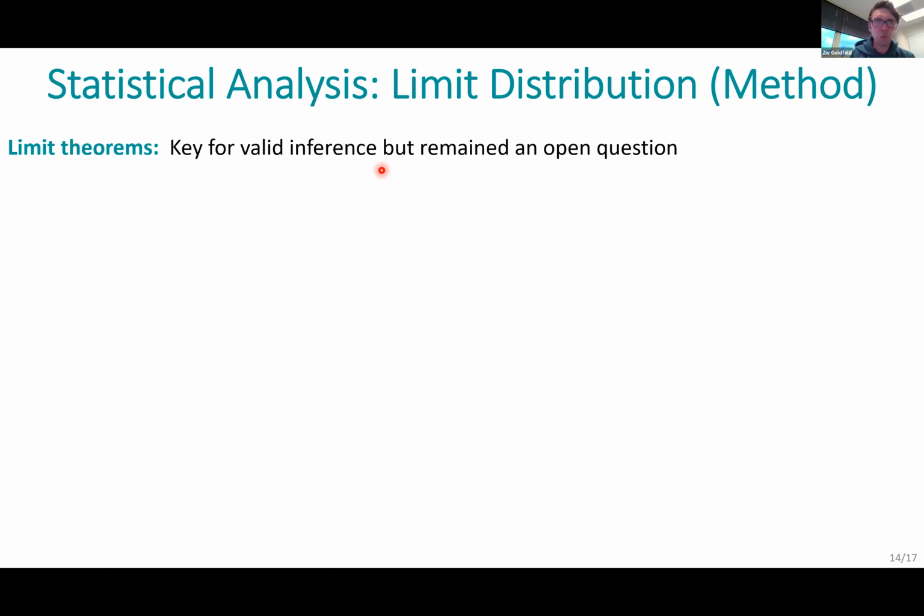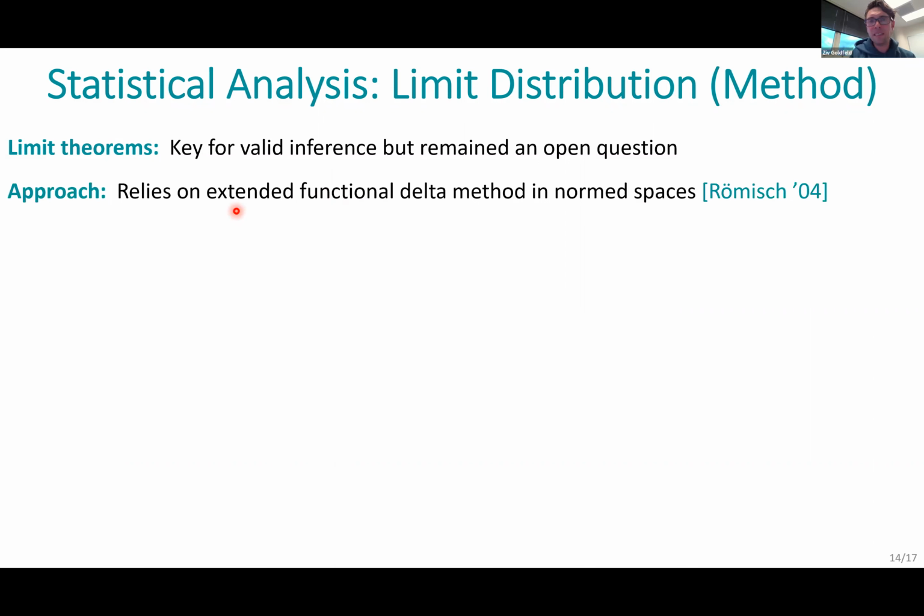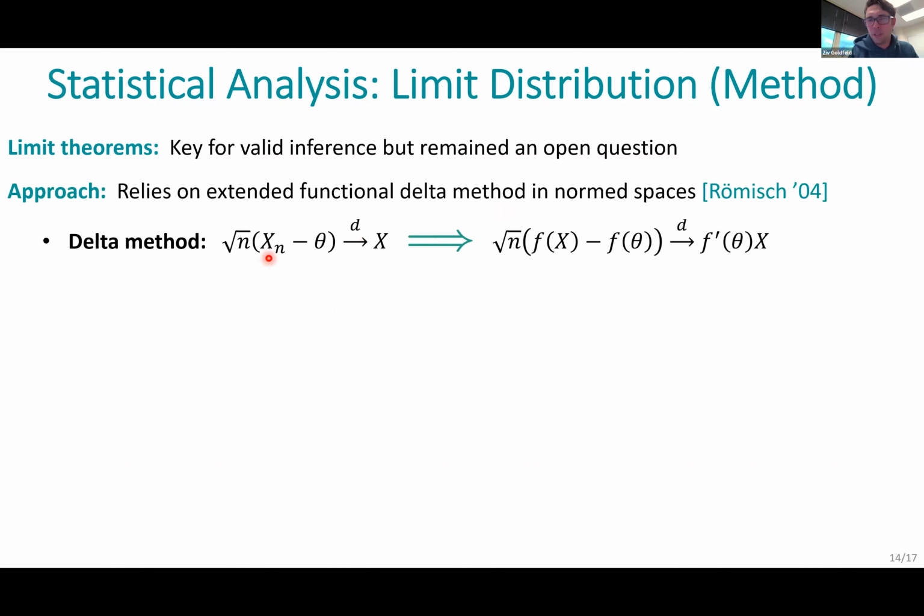Now, to fill this gap, we have recently developed a general methodology for establishing limit theorems for regularized optimal transport distances that relies on this notion of the extended functional delta method. In spirit, this is very similar to the classic delta method that accounts for convergence of functions of convergent sequences of random variables.